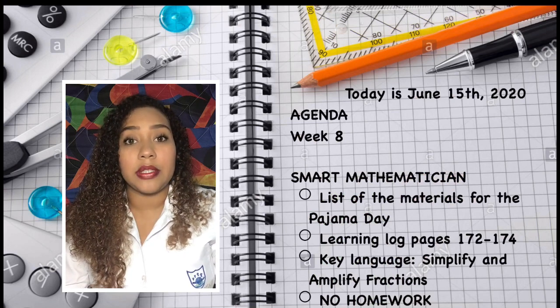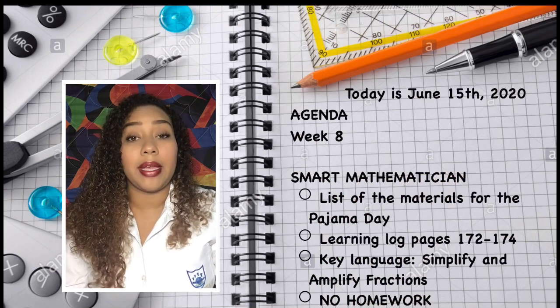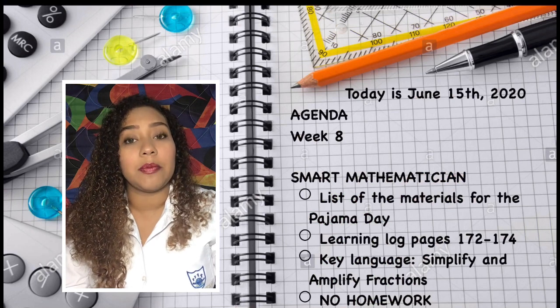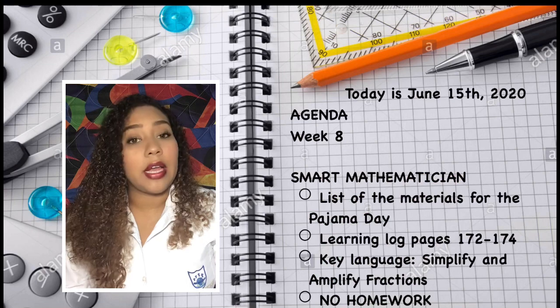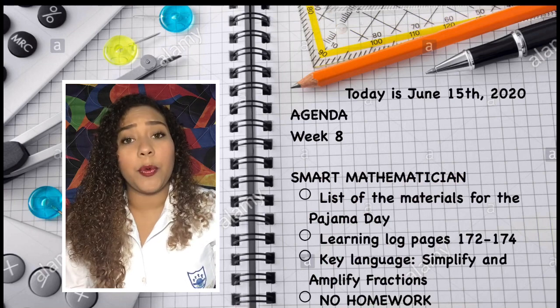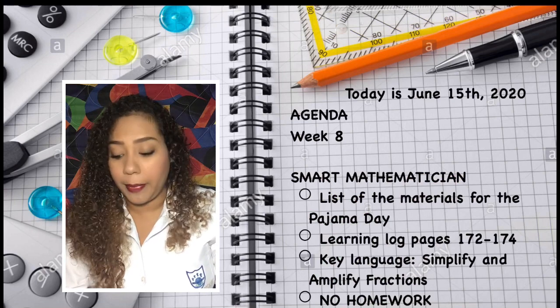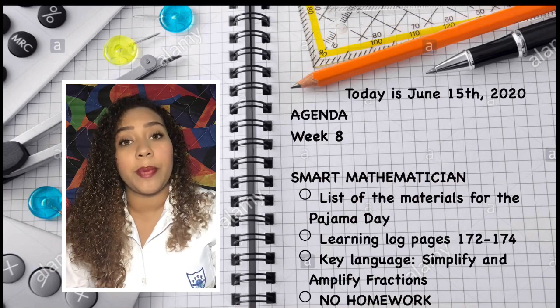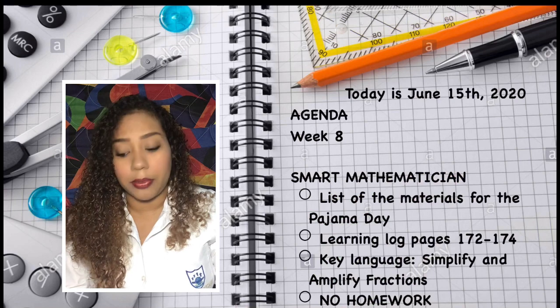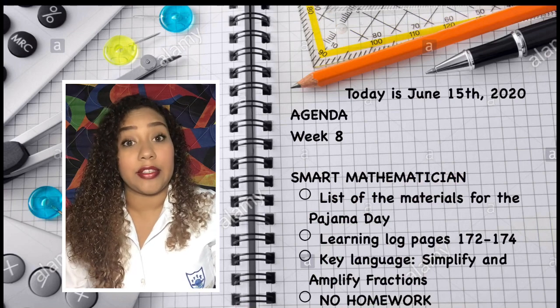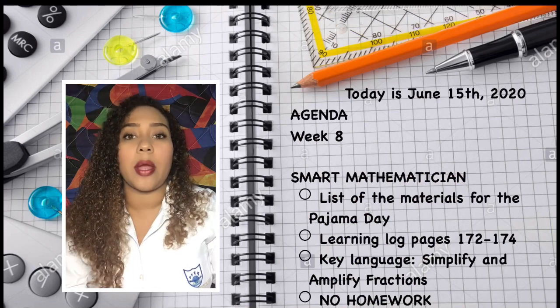The purpose of this is to have fun, to make new things with your hands, handmade, and not waste money. After that, we have to start working on the learning log pages, page 172 all the way to page 174. Also, we have to read a key language called Simplified and Amplified Fractions. Oh my god, here we're going to talk about fractions.